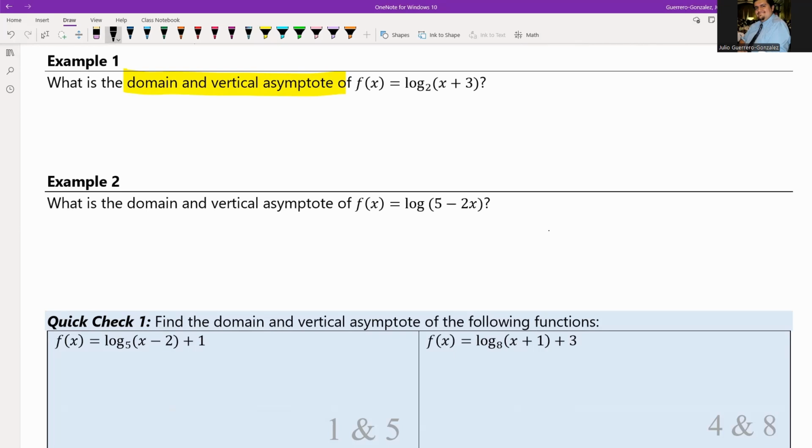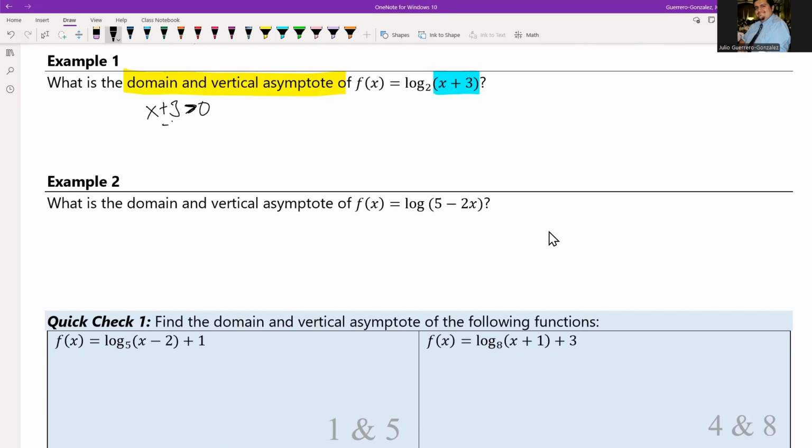To find these out, it's pretty simple actually. See that thing inside the log? We just need to make sure that that thing is bigger than 0. So x plus 3 has to be bigger than 0. When you have inequalities like this, you solve them out just like you did when they were equal signs.